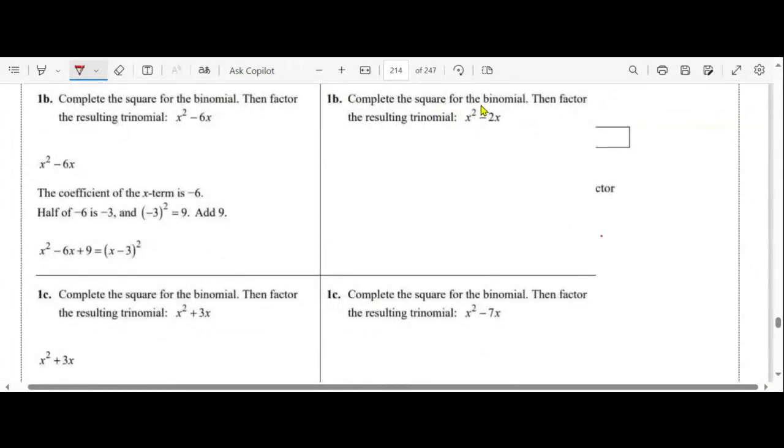Complete the square for the polynomial, then factor the resulting trinomial. So here I have x squared minus 2x. There is one term missing here. How can I know the term?